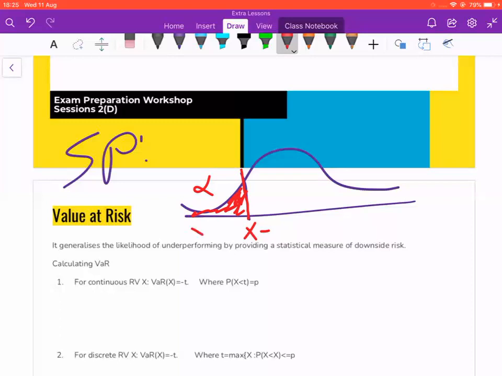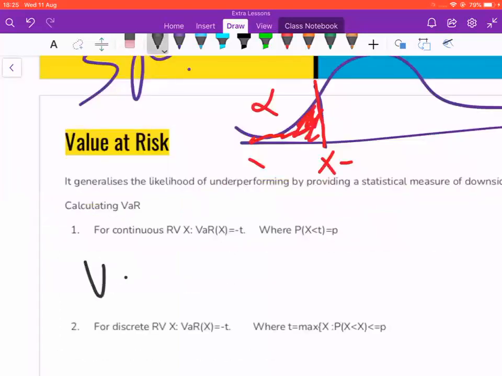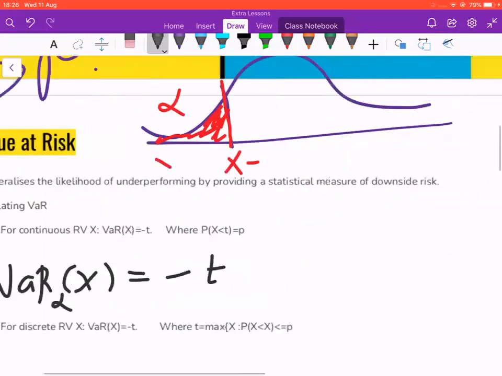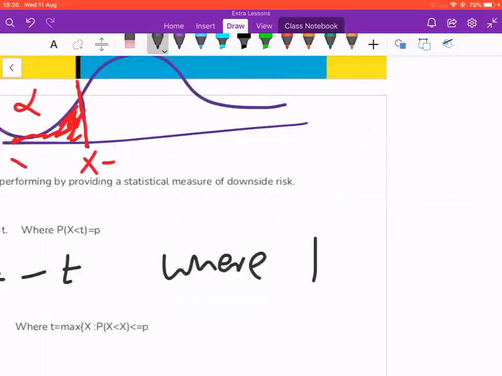So in other words, for a continuous variable, VaR of x is going to be the number negative t, where the probability x is less than t. So we cannot exceed that value of t.